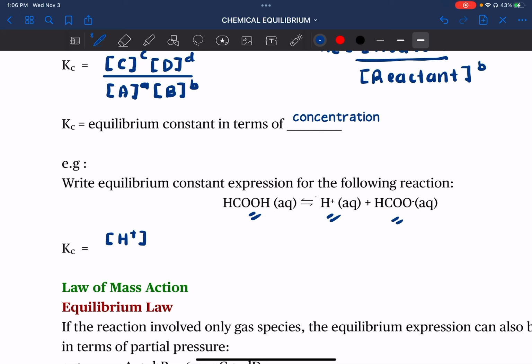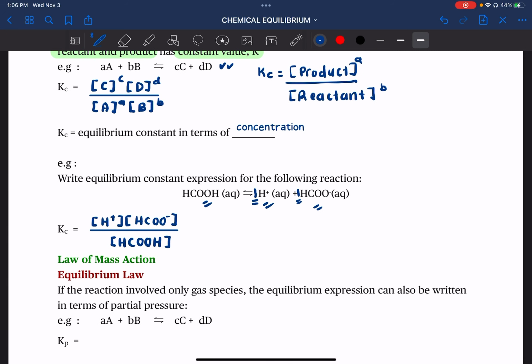Okay, cuba tengok stoichiometry kat depan 1. So maksudnya dia to the power of 1. Tapi kalau to the power of 1, kita tak tulis lah. Okay, so we have HCOO minus. Okay, dekat sini pun stoichiometry dia 1. So don't need to do the power lah, tak perlulah buat to the power of 1, over concentration of reactant HCOOH.